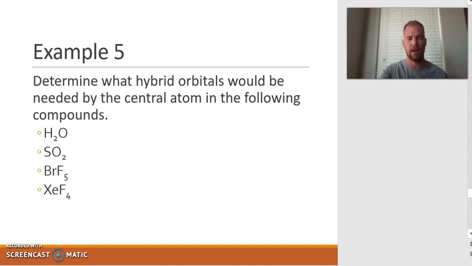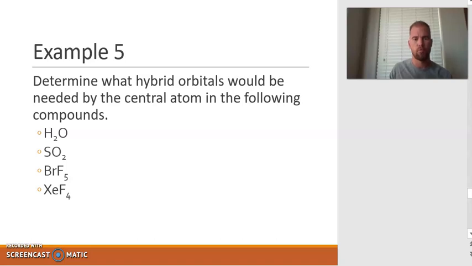So example number 5, I have 4 molecules here that we've done before. So in your printed notes, you should have these structures already drawn in previous areas. Water is a common example, but to determine what hybrid orbitals are going to be needed, we need to first figure out how many electron domains each molecule has.